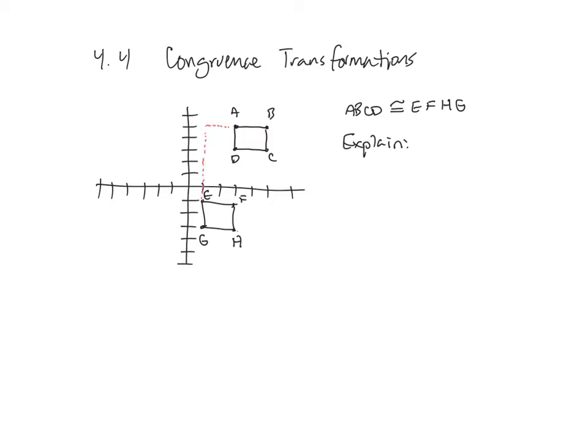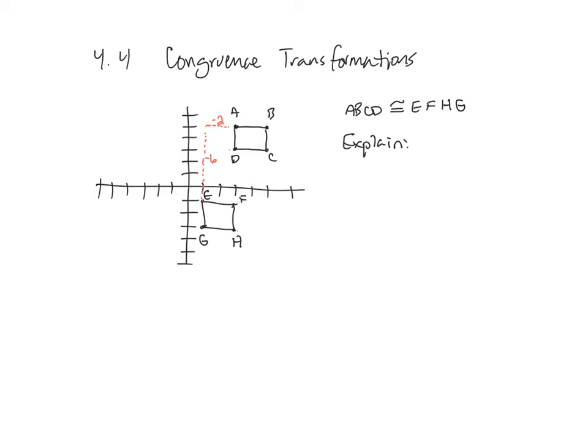How did I get from A to E? Well, I went -2 because I went left 2, and then I went down 1, 2, 3, 4, 5, 6. And if you looked at any of the other ones, you would do the same thing.